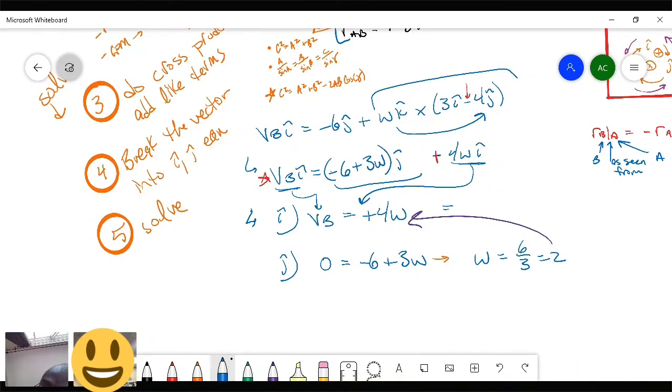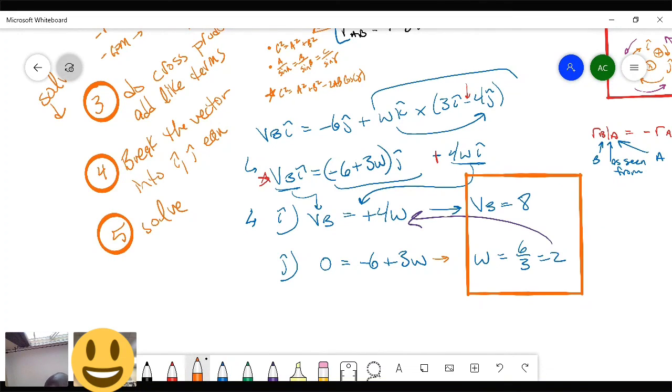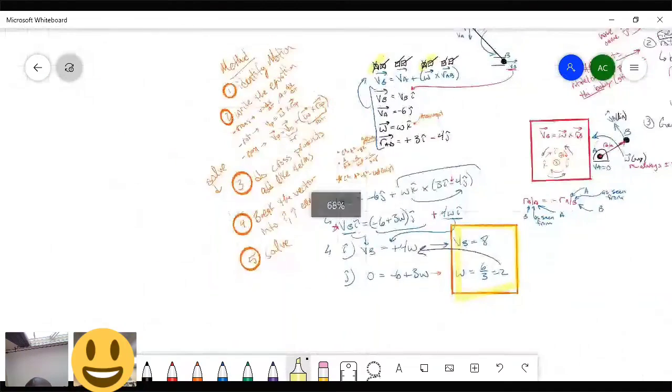And that's going to give you 2 times 4, VB equals 8. And we're done. We found the velocity. Make some sense? And that is how this all works. So that's the answer to our problem.